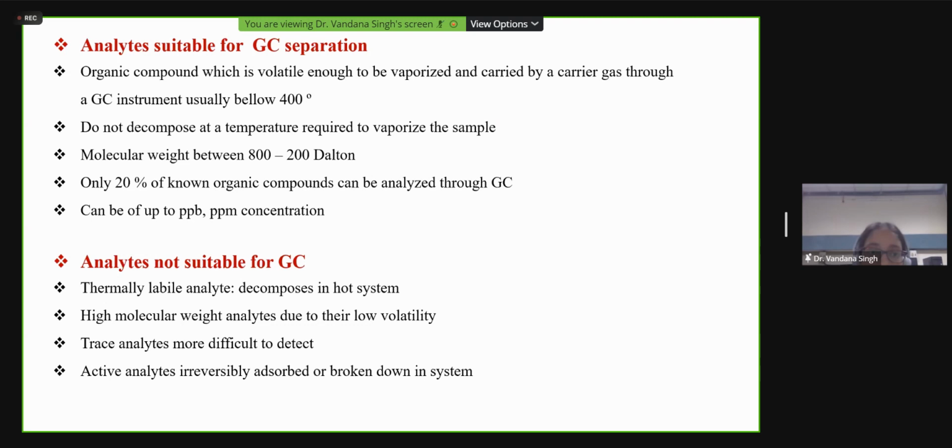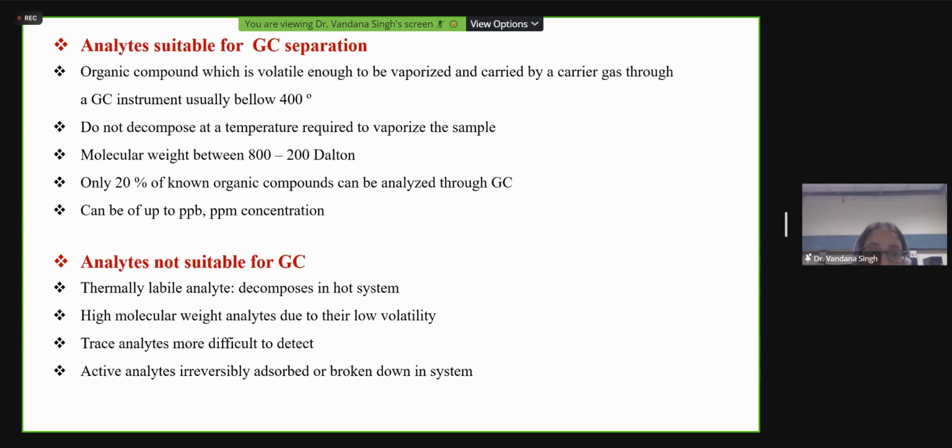And also the sample can be loaded on this column directly. So in this case also micro syringes are used, and in certain cases samples which are in the vapor state can be directly loaded into this column.